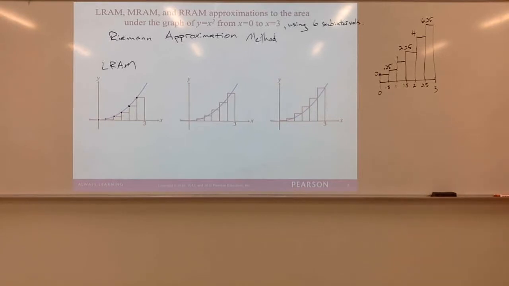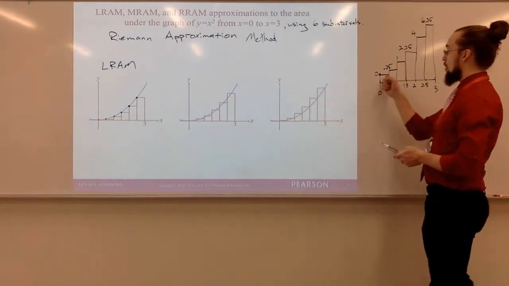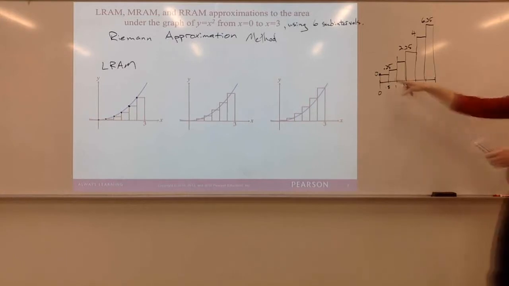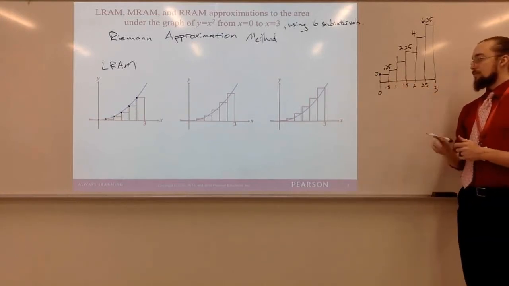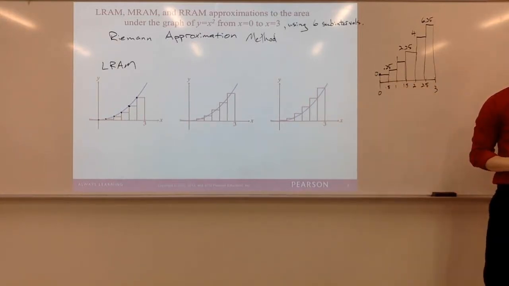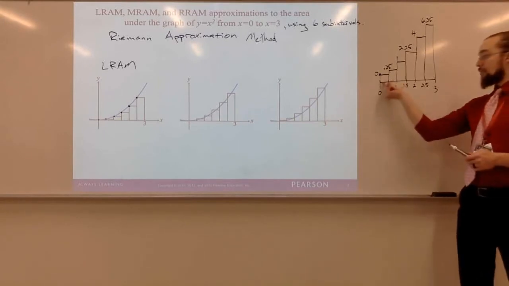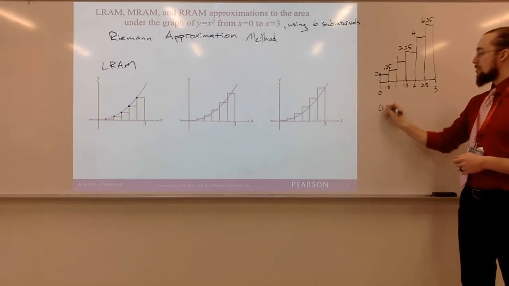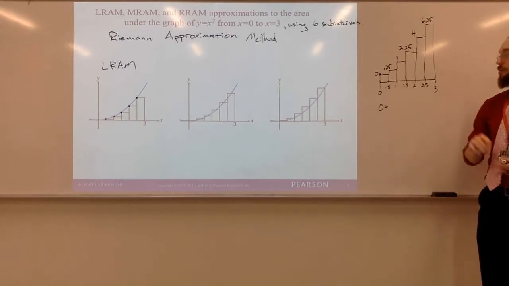Now to approximate the area under this curve, I want to add up the areas of all 6 of these rectangles. What would the area of this first rectangle be? 0.5 times 0, so the area is 0. How about the second one?